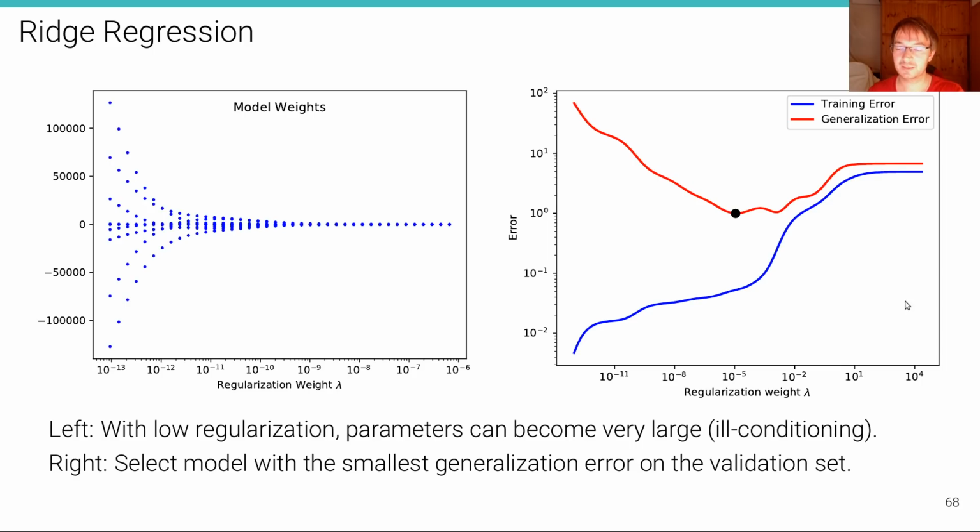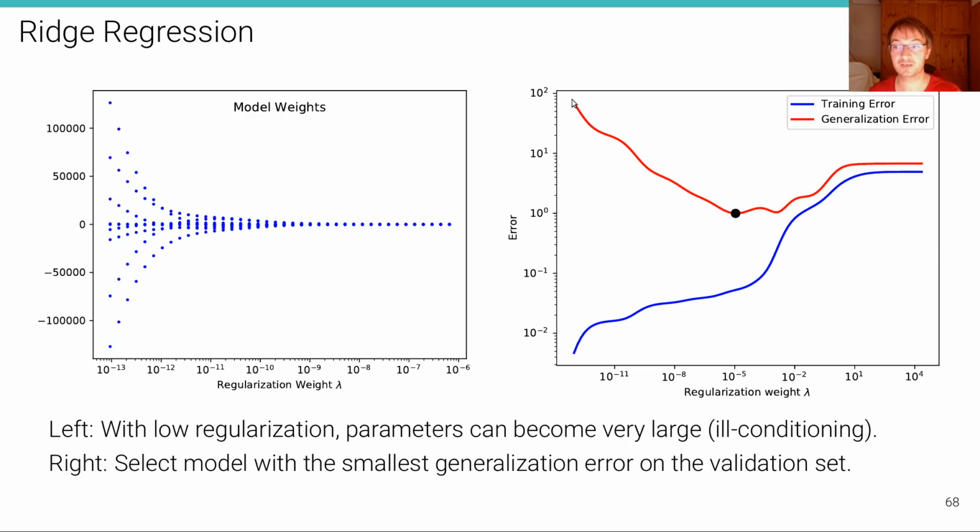On the right-hand side, you can see a plot similar to the one before, where the training error and the generalization error or test error are plotted, now not over the degree of the polynomial, but over the regularization weight. And you can see exactly the same behavior. We have a region here where we have overfitting, where the regularization weight is very small.